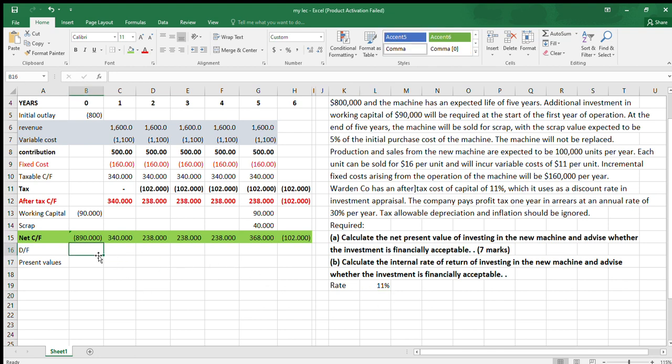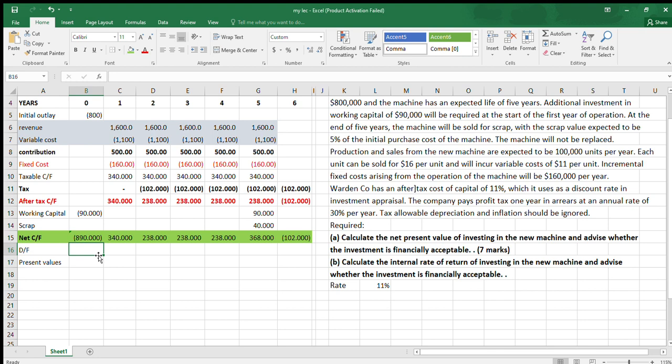The discount factor is in the tables, so you can navigate and copy and paste the discount factors, or you can also calculate the discount factors with the help of Microsoft Excel. It is very simple.